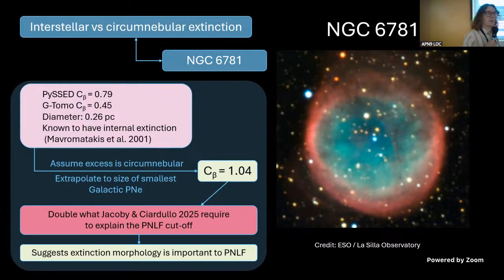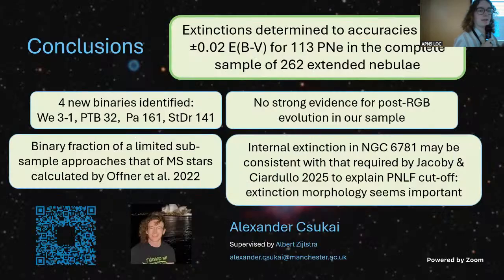You get a c-beta of 1, which is double what's required to explain the PNLF cutoff. And we speculate that if it is circumnebular, then we need extinction morphology in order to be able to explain what's going on here. And I will just leave my conclusions on the screen because I'm out of time.